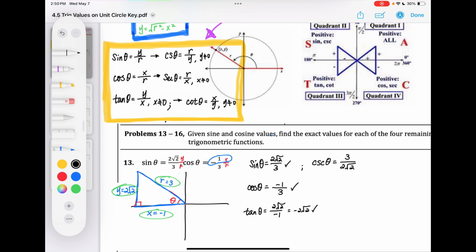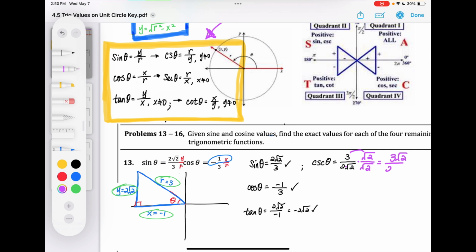Remember, we say this is correct but not perfect, because we do not like to see the radical 2 as my denominator. So I need to rationalize that by multiplying by square root 2 over square root 2. After you do that, 3 times square root 2 is just 3 square root 2.